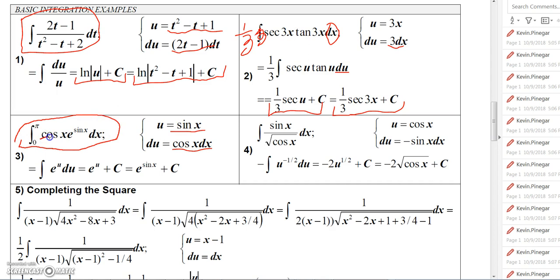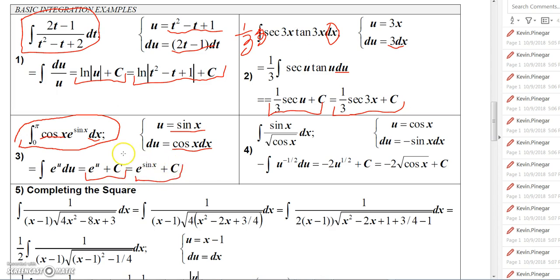So the cosine x and the dx are actually the du, and then e to the sine of x is e to the u. So you're actually integrating e to the u du, and the formula says e to the u du is e to the u plus a constant, and since u is sine x, that's e to the sine x plus a constant.